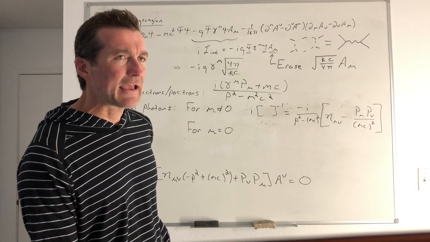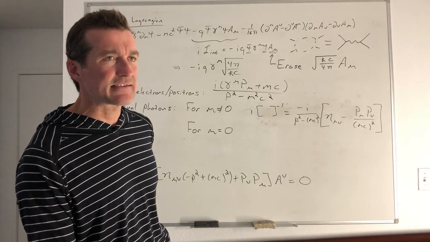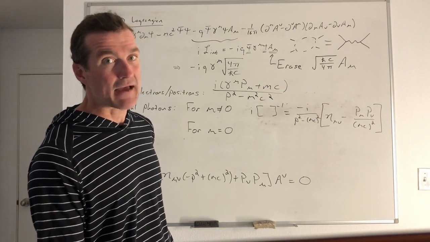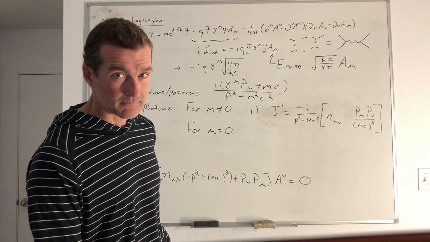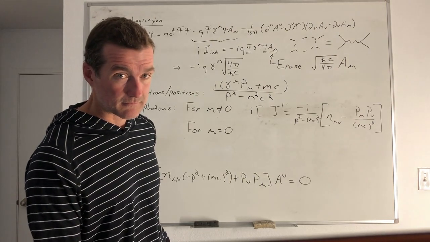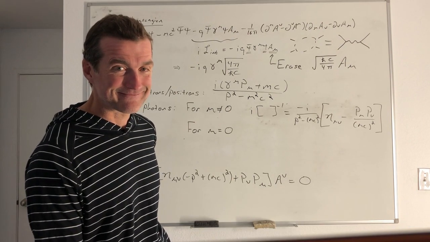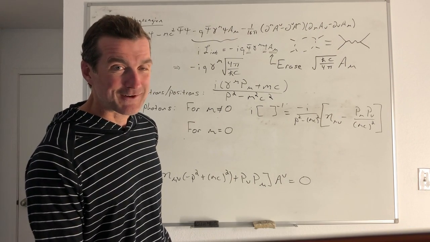Is there anything else that's different between the massive and the massless case of that thing, besides just that the mass is 0 or not? Feel free to unmute yourself and answer.